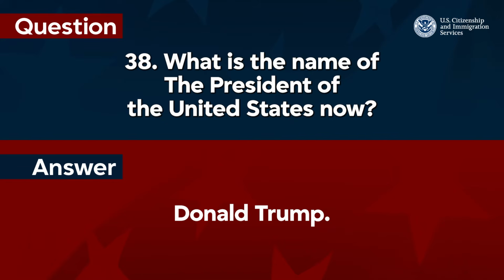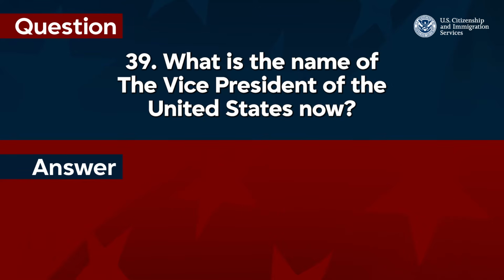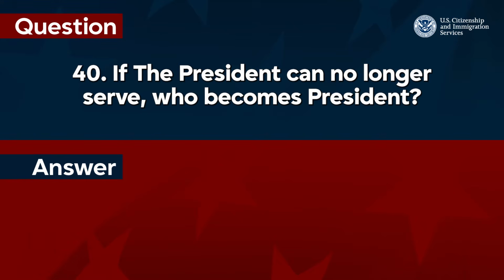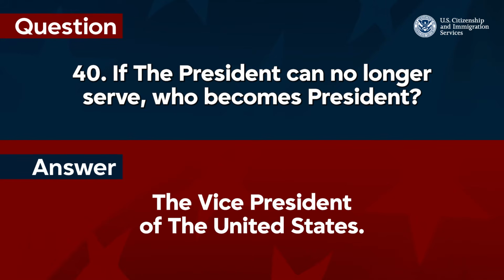Donald Trump. What is the name of the Vice President of the United States now? J.D. Vance. If the President can no longer serve, who becomes President? The Vice President of the United States.